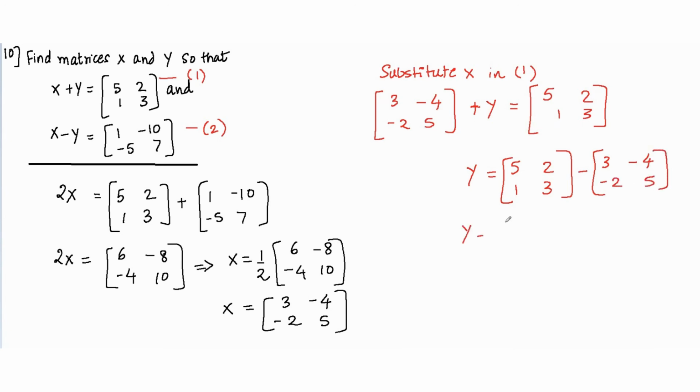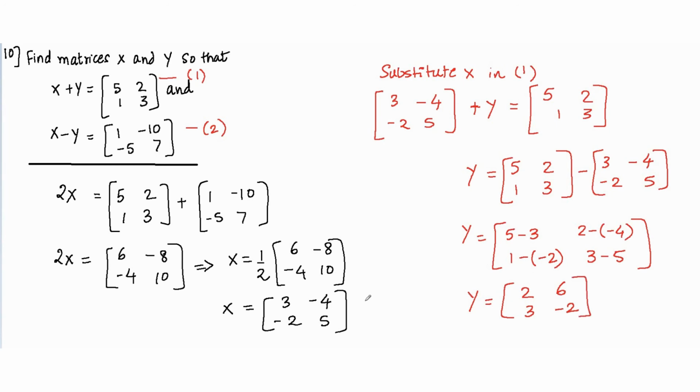So if I combine the elements, I get 5 minus 3, then 2 minus of minus 4, 1 minus of minus 2 and 3 minus 5, and therefore the matrix Y is equal to 5 minus 3 is 2, 2 plus 4 is 6, 1 plus 2 is 3 and 3 minus 5 is minus 2. Therefore, using the techniques of simultaneous equations, I was able to find my matrices X and Y.